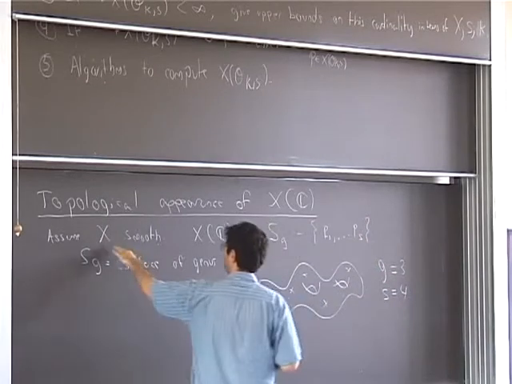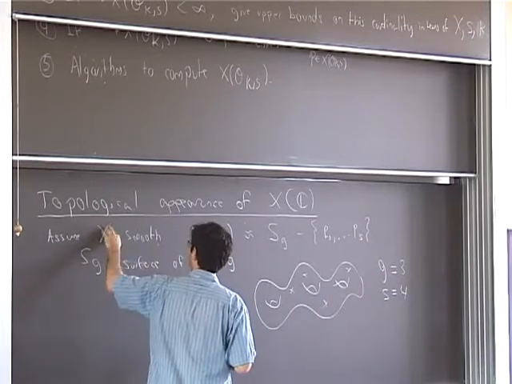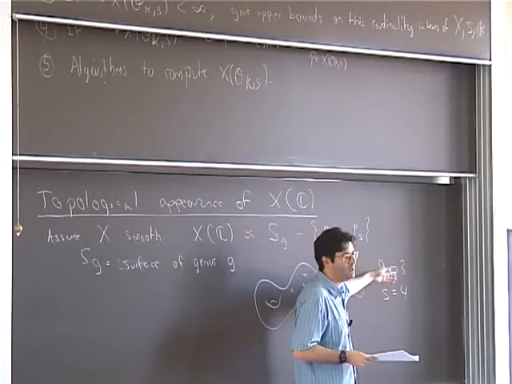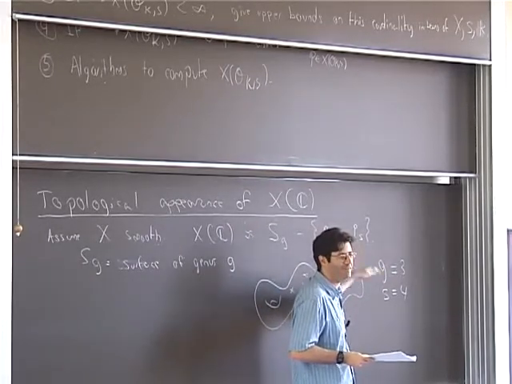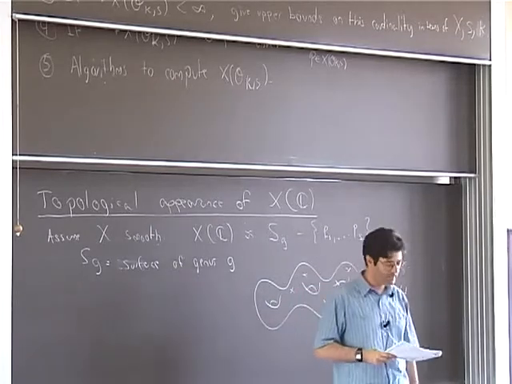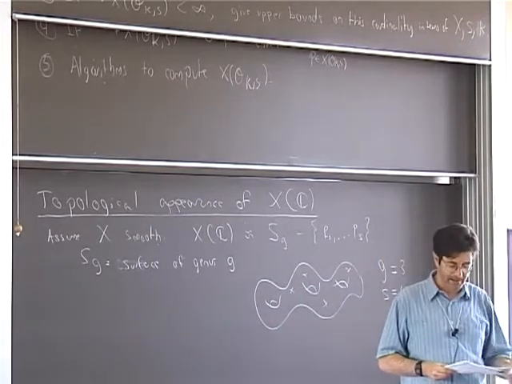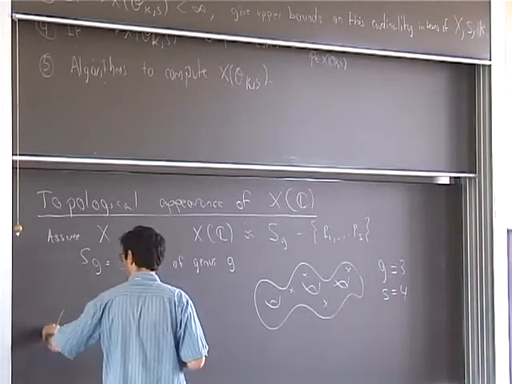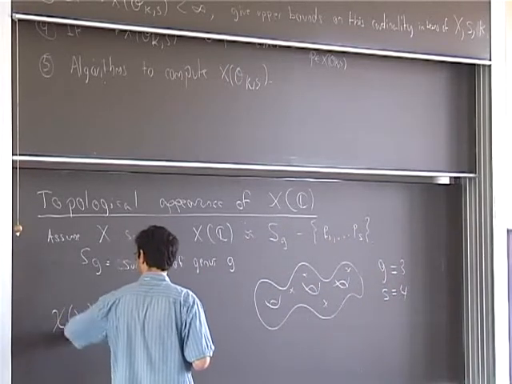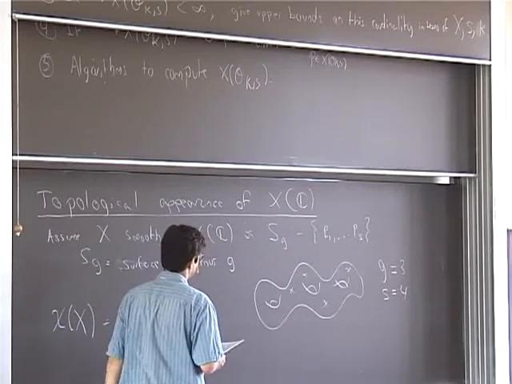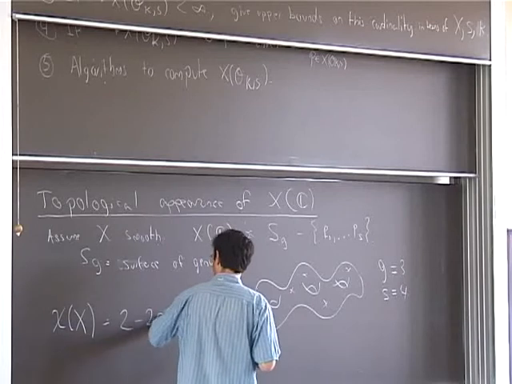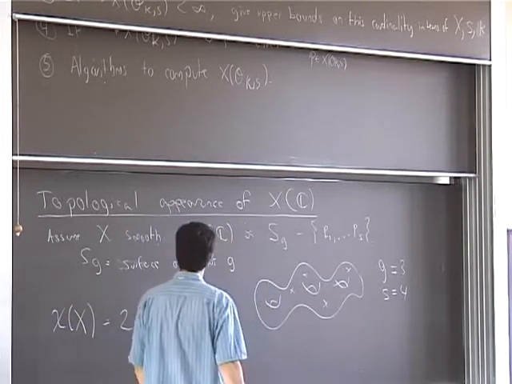Obviously when you pass from an equation to this, you squeeze out 2 integral invariants. You've obviously lost a lot of information about what the equation is. You can package further these 2 invariants into a single number, which is called the Euler characteristic of X, which depends only on this topological appearance, and which is defined by 2 minus 2g minus s, where s is the number of deleted points.